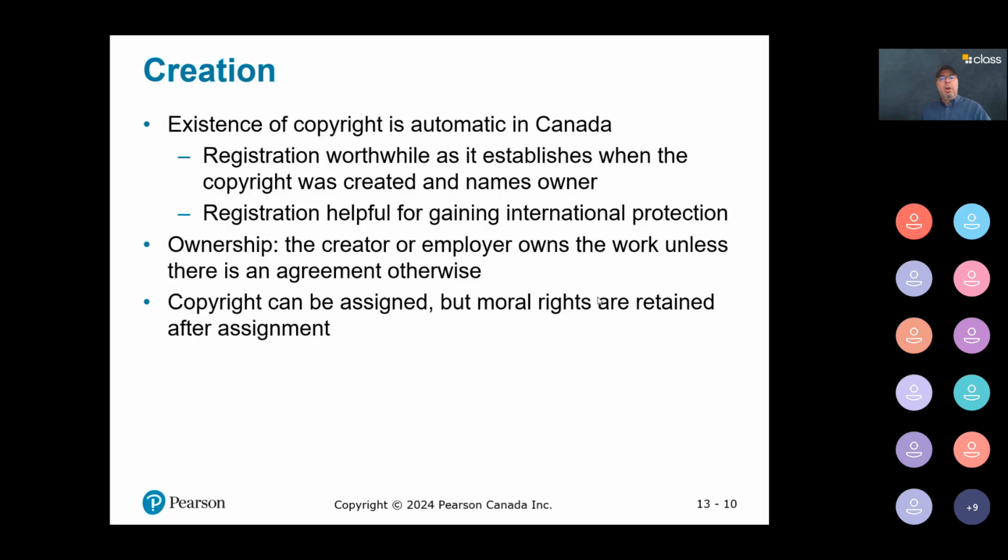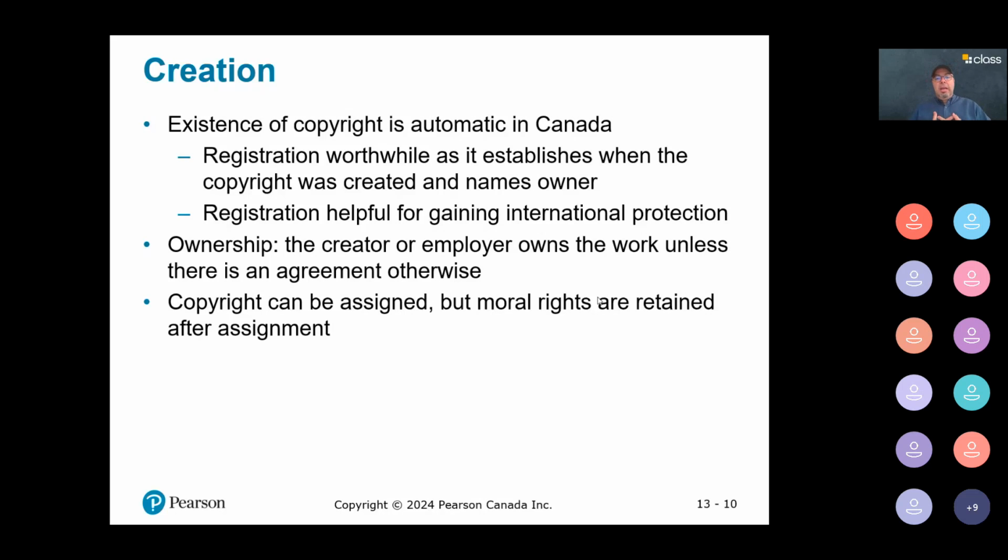Okay. Now, if you work and if you are paid to create copyright, if copyright is created because of your job duties, then copyright belongs to the employer. Unless the employee and the employer have agreed otherwise.